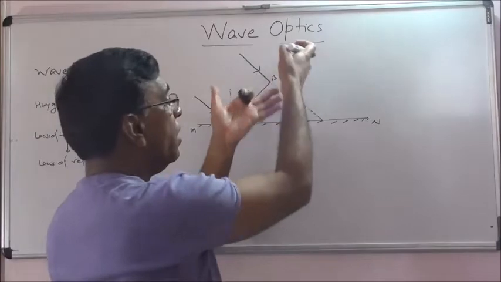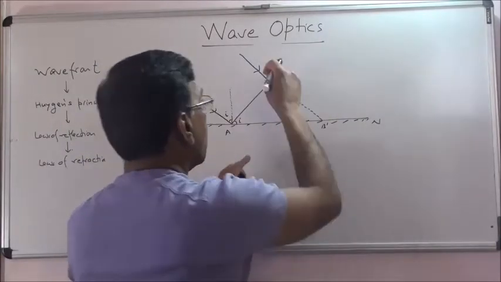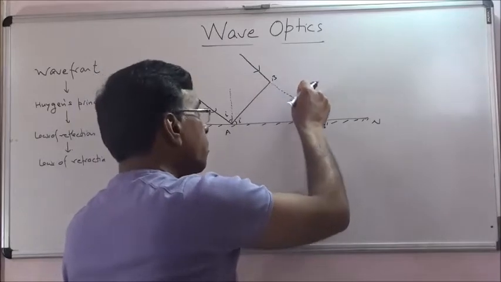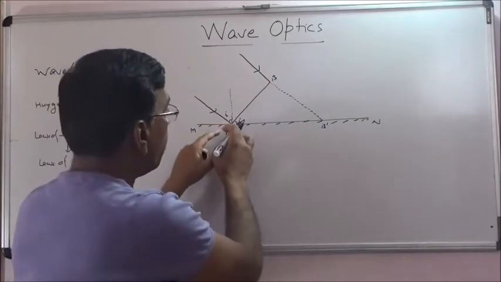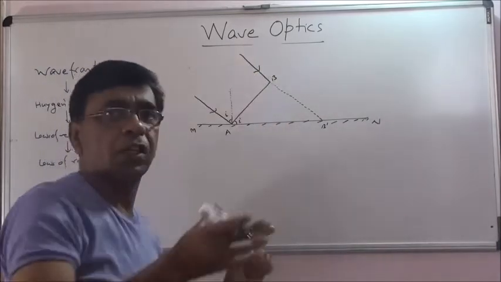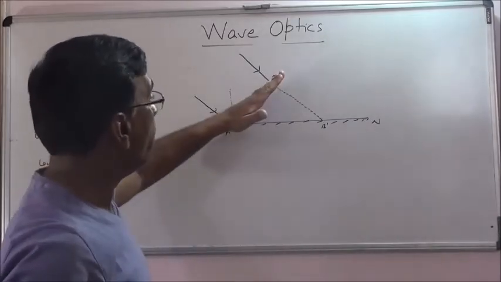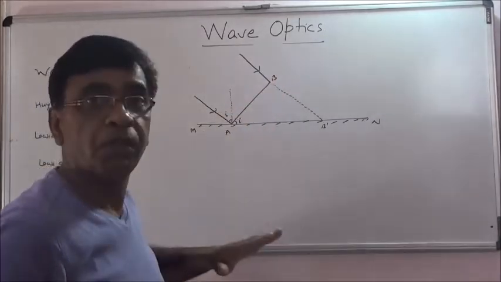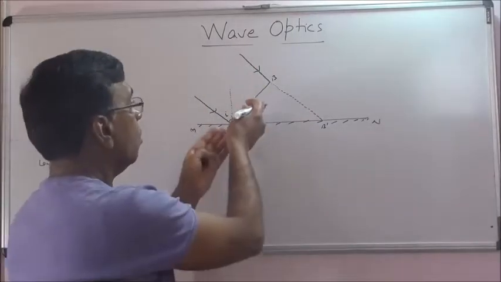But since the medium is the same, whatever time this wavelet takes to reach B dash, the wavelet from A will cover equal distance somewhere in the upward direction. Now listen again. Every point on this wavefront produces secondary wavelets which move onward.